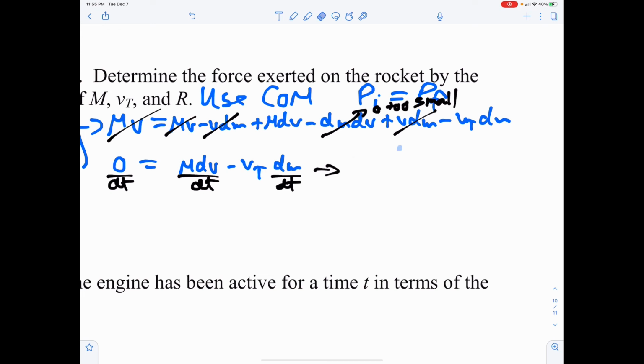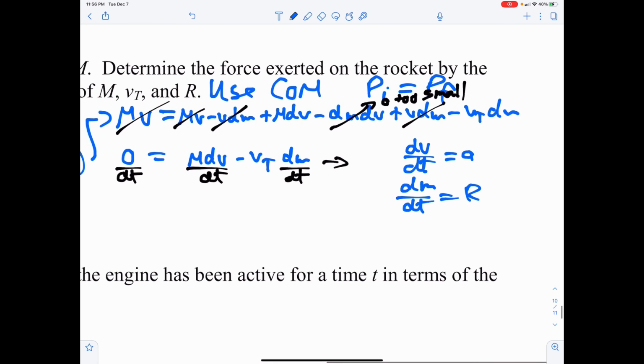So before we continue, I'm going to make a quick comment. dv dt, that part right there, is equal to A, and dm over dt is equal to R. That's the fuel mass rate that you're thrusting out.